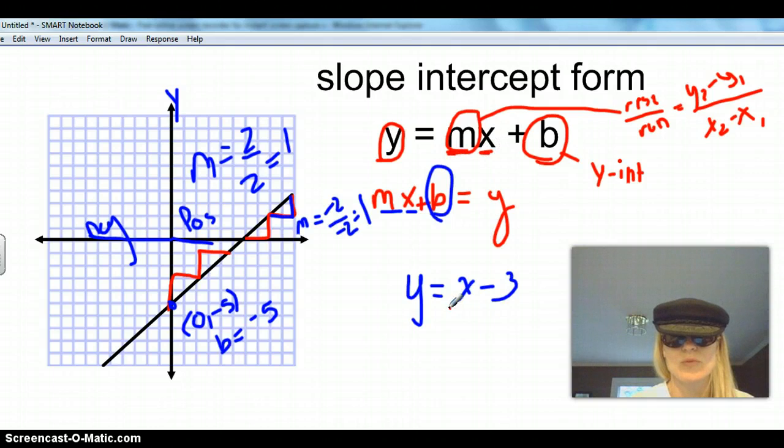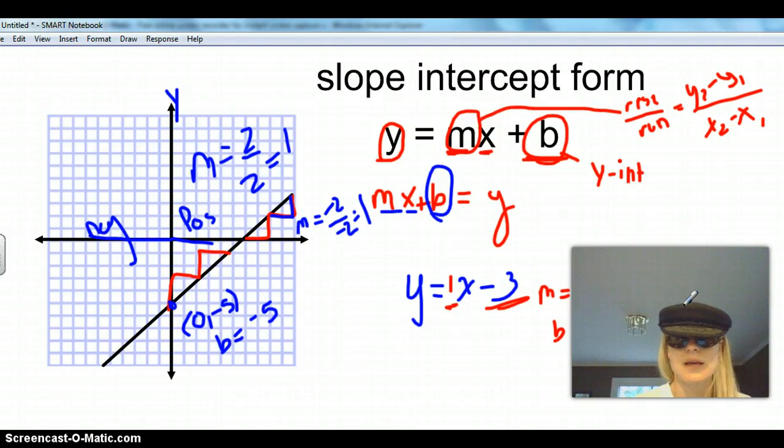So what number is before the x, but we can't see it? 1. So this has a slope of 1. It rises 1 and runs 1. Then if I want to know what the y-intercept is, we say, what is in the b place? Well, here, remember, use the sign before it, b is -3, which means it crosses at the 0, -3 mark on the y-axis.